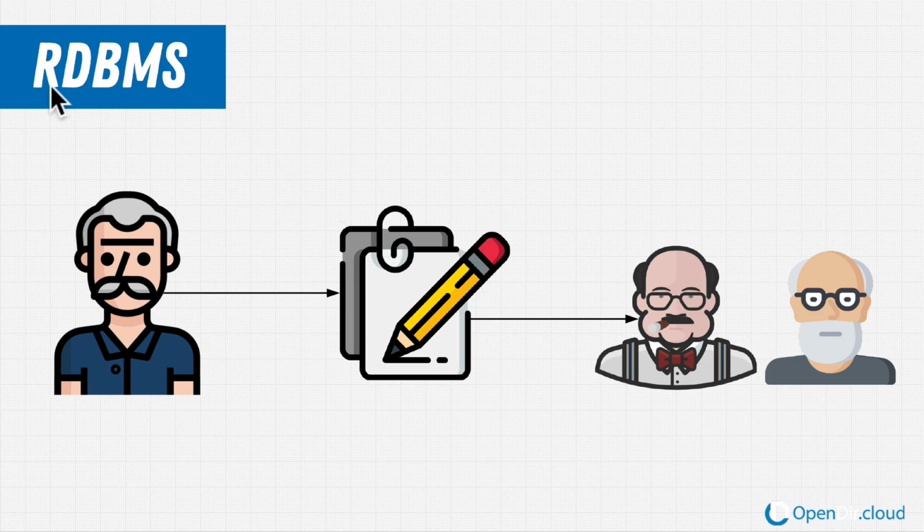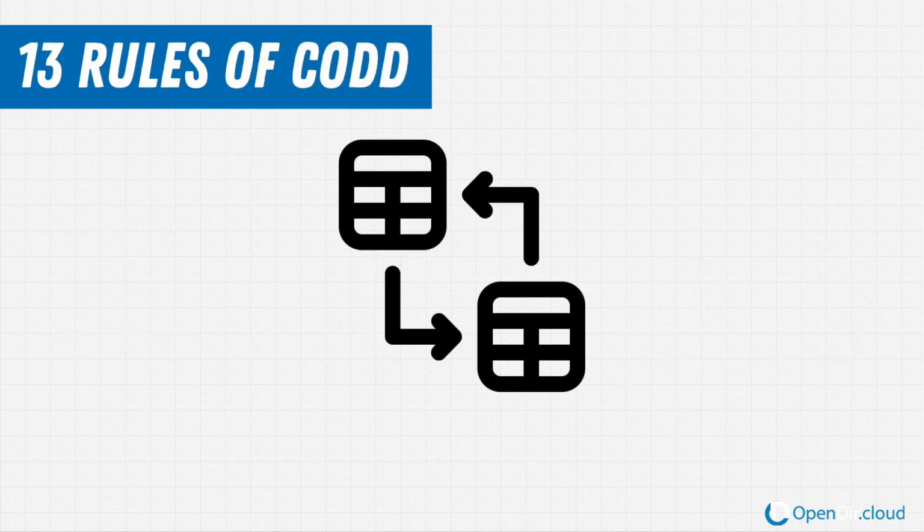But because they were following the relational model, and because we've already spoken about the database management software being your referee, being your security, implementing the specific rules that you need to follow, Edgar Codd, the person who came up with the relational model, as well as the database management system, wrote 13 rules that needed to be followed in order for a database management software to be considered a relational database management software. He coined these the 13 rules of Codd.